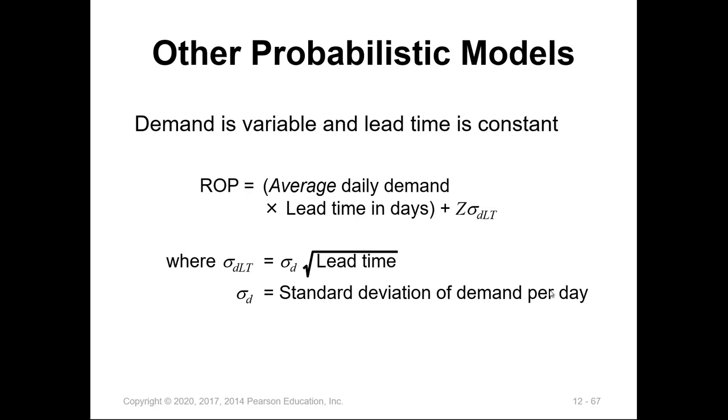Where again the standard deviation, or sigma DLT, is equal to sigma D times the square root of lead time, and sigma D is the standard deviation of demand per day.